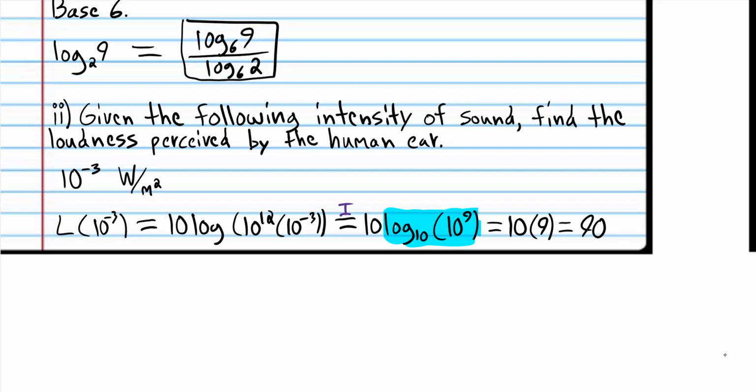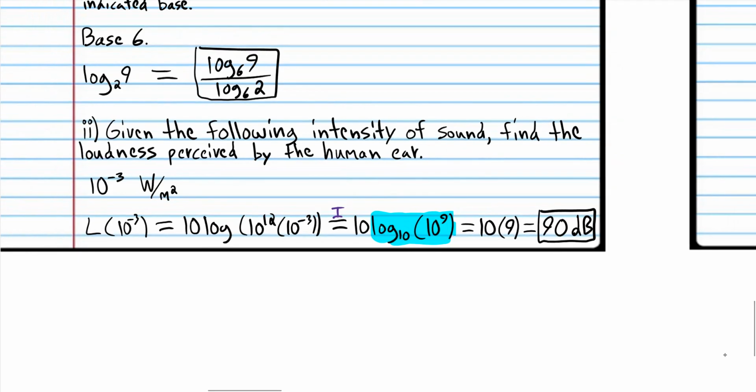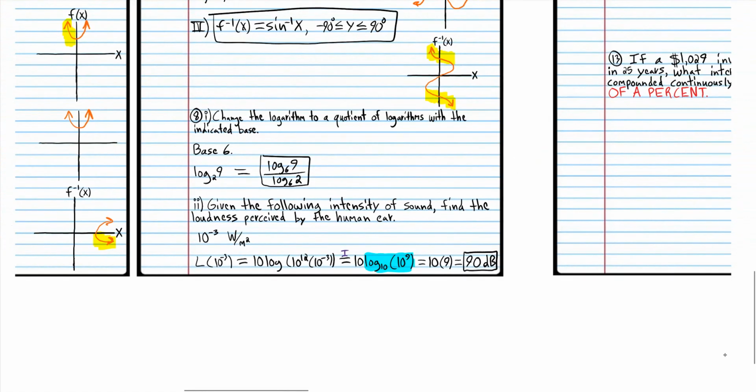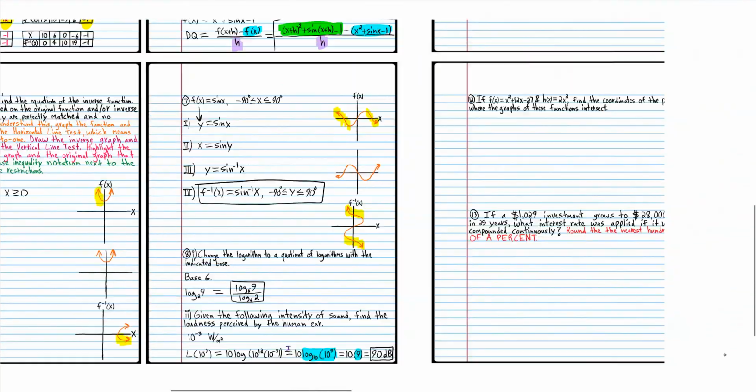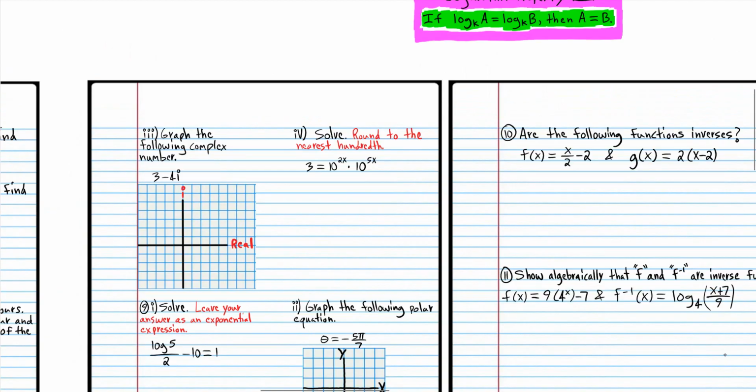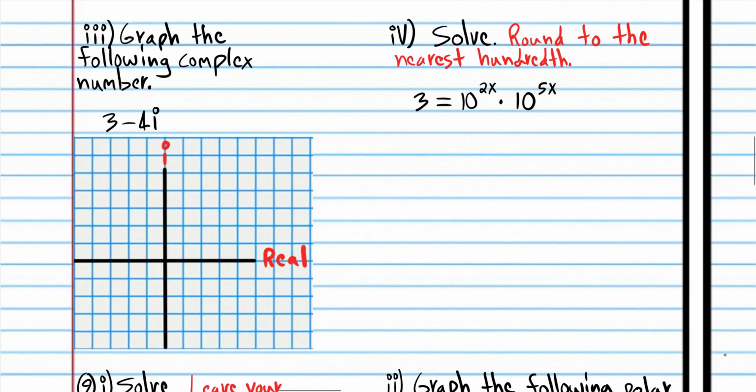So then we get 90, and loudness is measured in decibels. So dB, and yes, it has to be a lowercase d and a capital B. So have you got that right? Excellent. Okay, so if you got that right, good. I want you to try part 3 of this problem, and when you come back, we'll do it together.